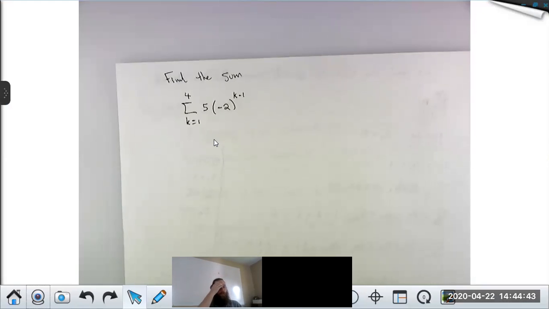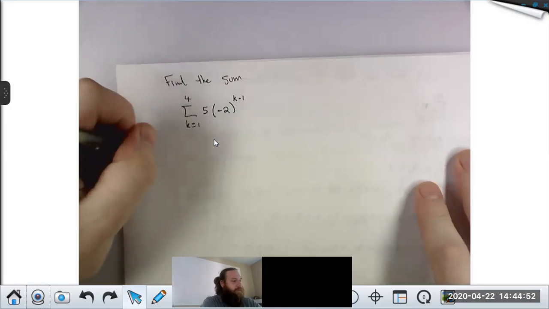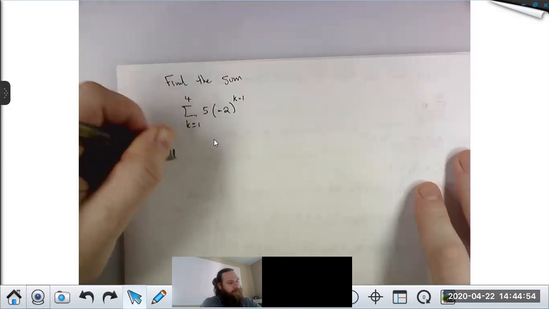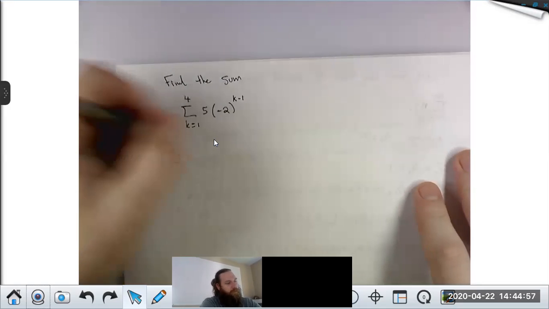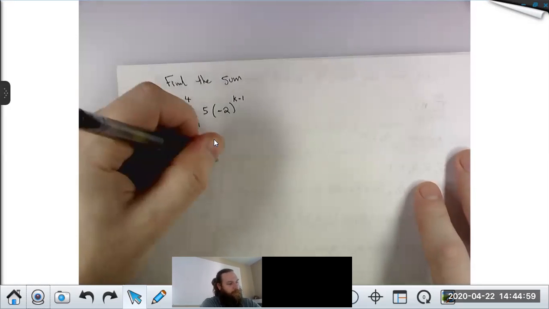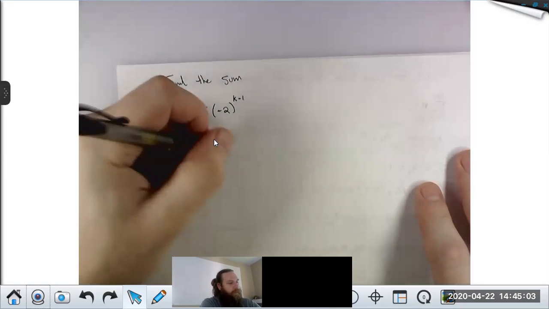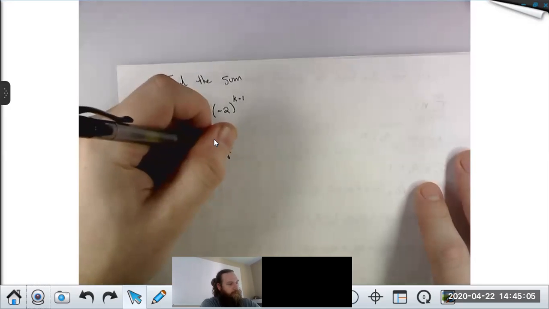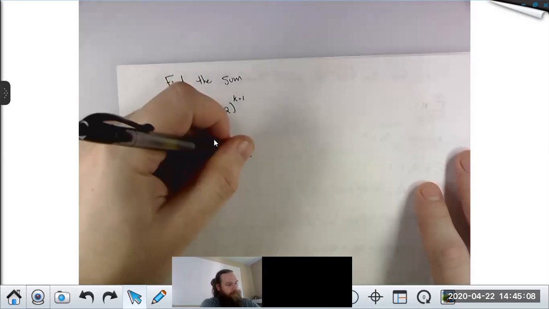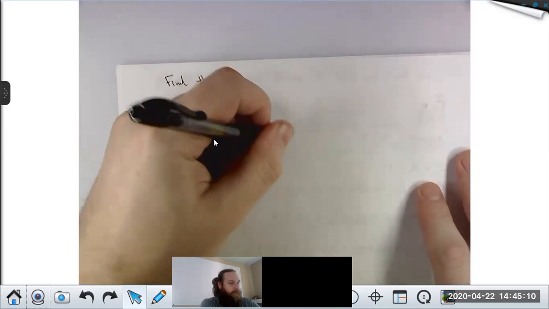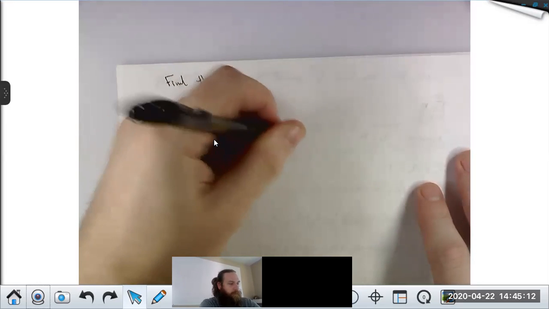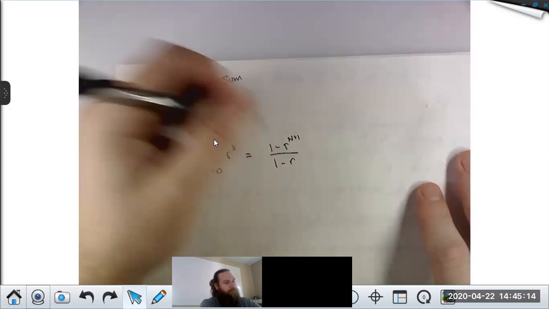So here what we want to do is remember our formula for the partial sum of a geometric series. So I would say recall that the sum from, I'll write it in terms of K equals 0 to capital N of R to the K is (1 minus R to the capital N plus 1) over (1 minus R).